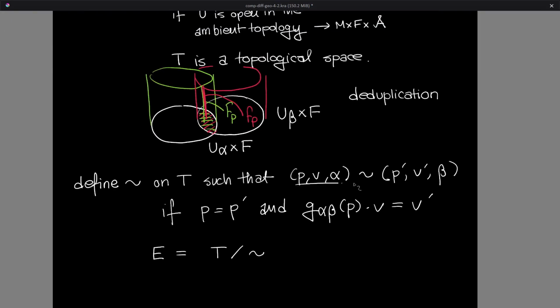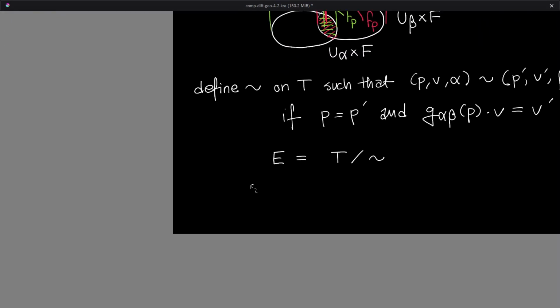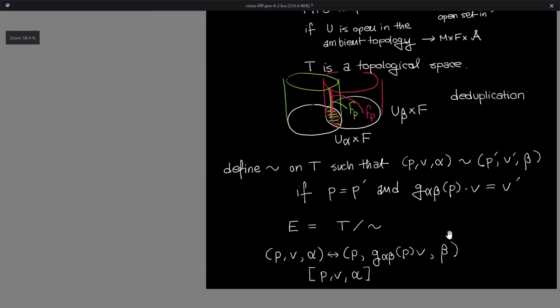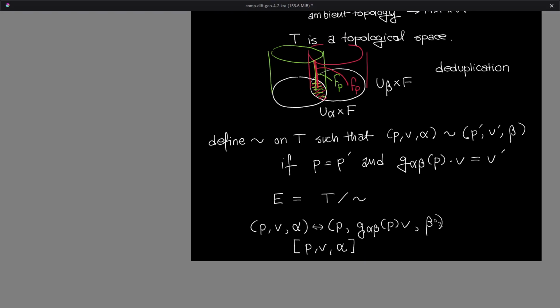So if we had two of these, then basically we would have something like P, V, alpha, and we would have P, well, remember, they're supposed to be the same points, so G alpha beta of P, V, beta, right? So these points are actually the same point, and this creates an equivalence class. We only have to count them once. We don't have to count the separate FPs twice.